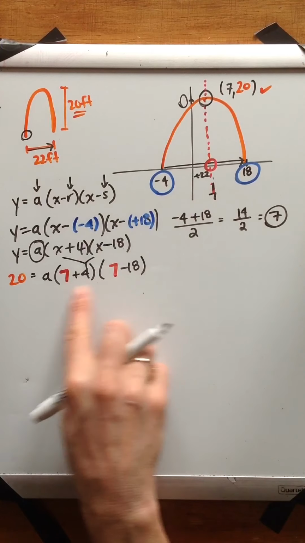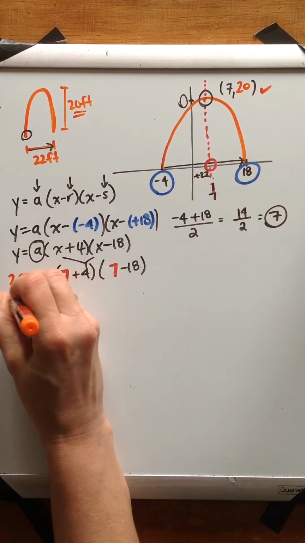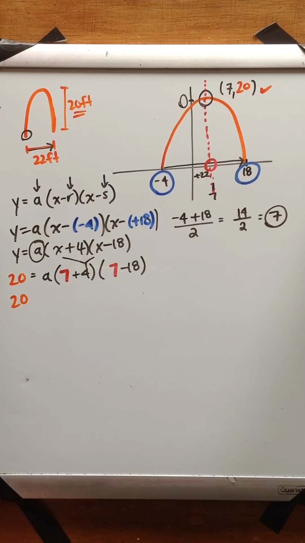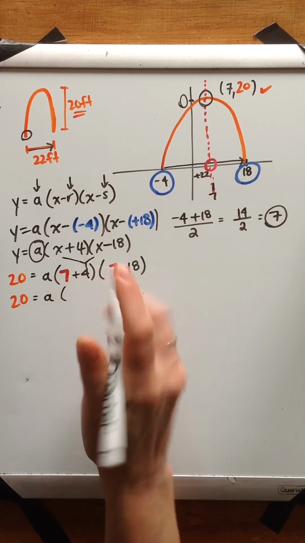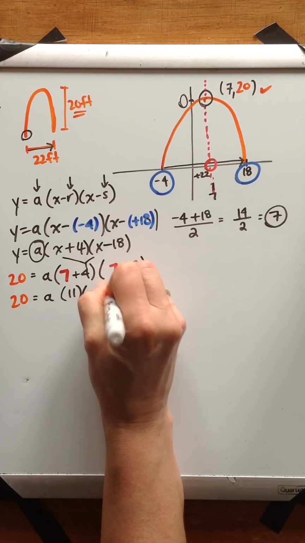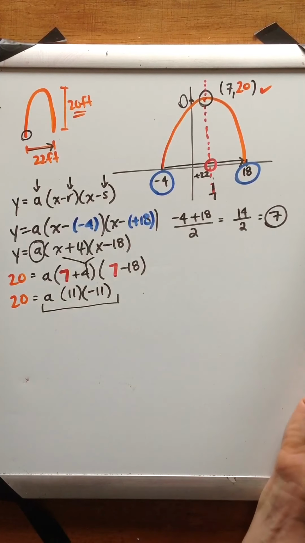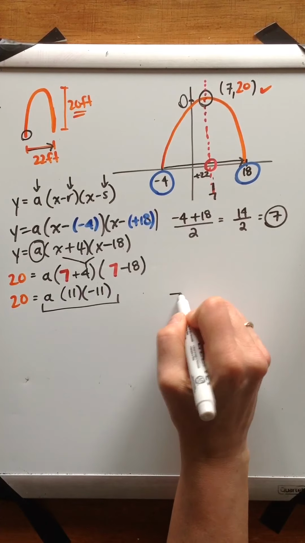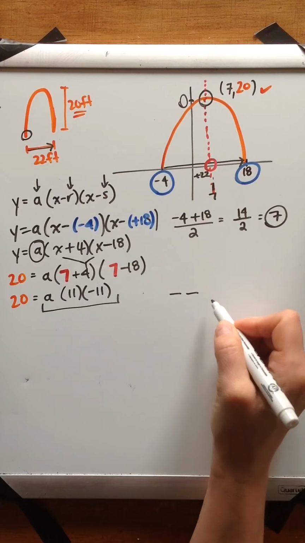All right, let's solve for what's inside these brackets. So I have 20 is equal to A times 11 times negative 11. Now this looks kind of funny right now because we're used to seeing terms with the numerical coefficient first and the literal coefficient written second. And this has it backwards.